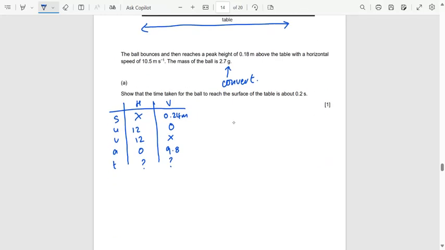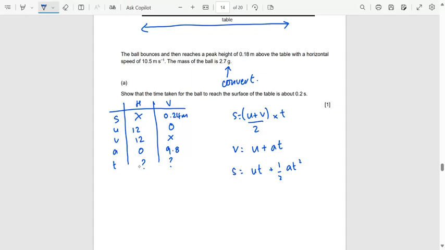I am trying to find t. So I need a kinematics equation, and I'm going to write down all the kinematics equations that include t, and then let's see which ones we can use. Okay, so these are my options.